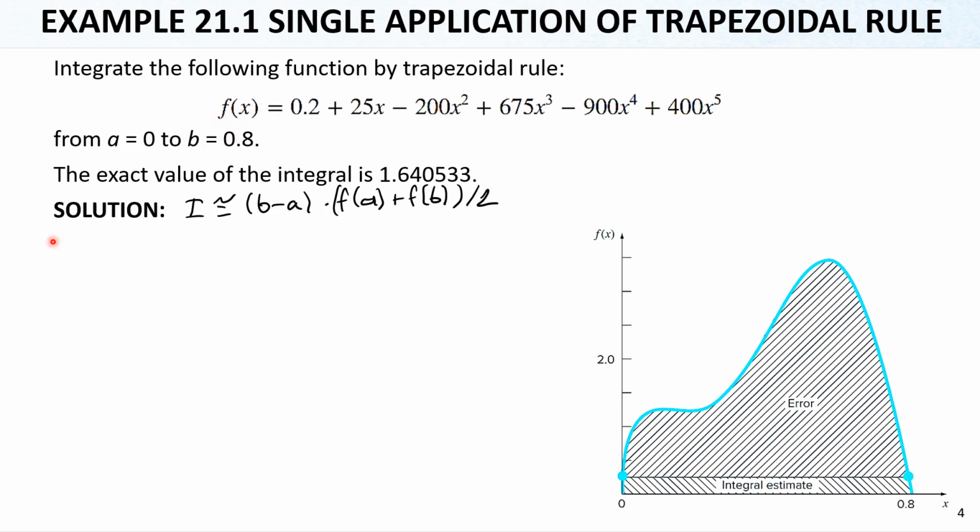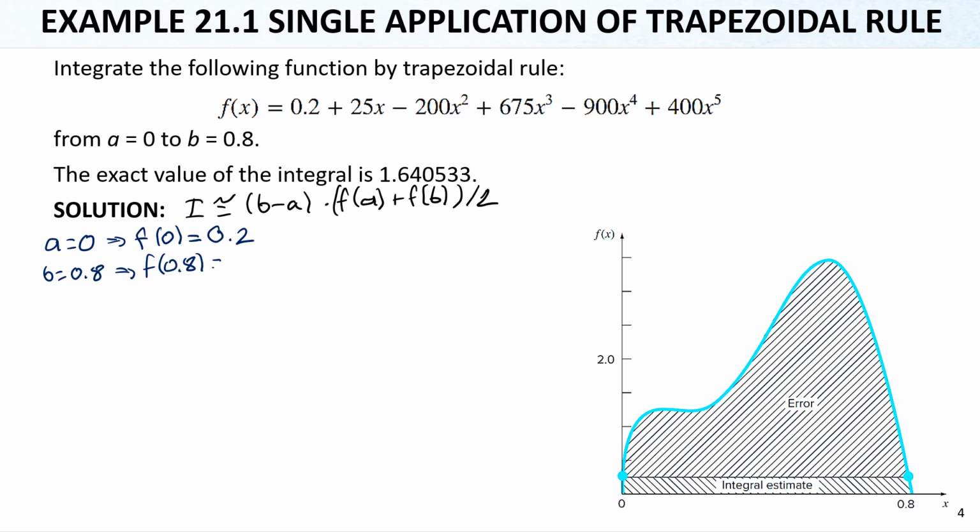When we do that, let's write here, a is 0, then f0 from here, we put 0 here, it becomes actually 0.2. Because all the terms become 0, the x's are 0, just 0.2. And let's now put b as 0.8, then f 0.8.